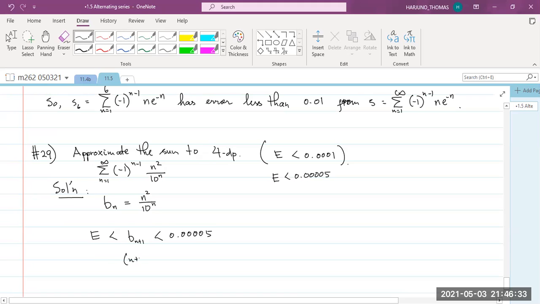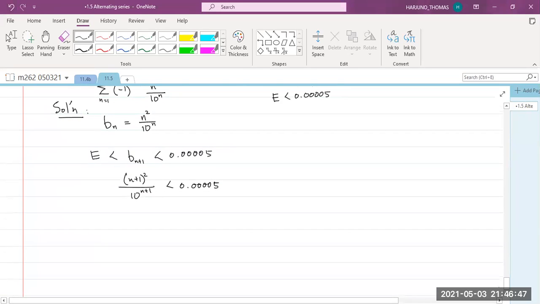So (n plus 1) squared over 10 to the n plus 1 should be less than 0.00005. Okay, let's do this kind of estimate. On the right hand side, that's 5 over 100,000.